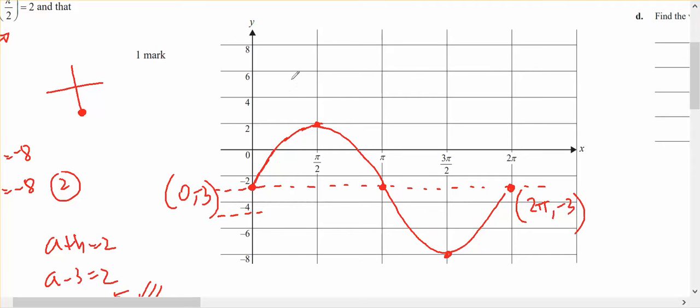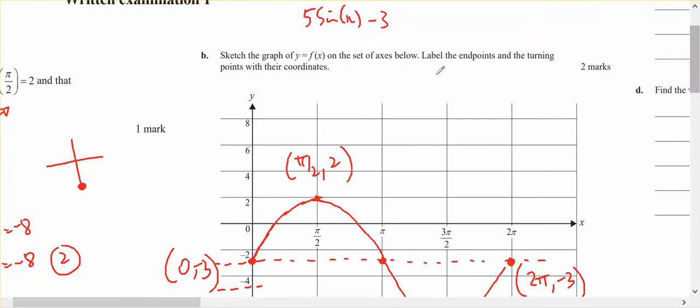I can label that to be pi on 2 and 2. I can label that to be 3 pi on 2 and negative 8. And that concurs with the information given. And label the endpoints and the turning points with their coordinates. But I haven't been told to label the x and y intercepts.